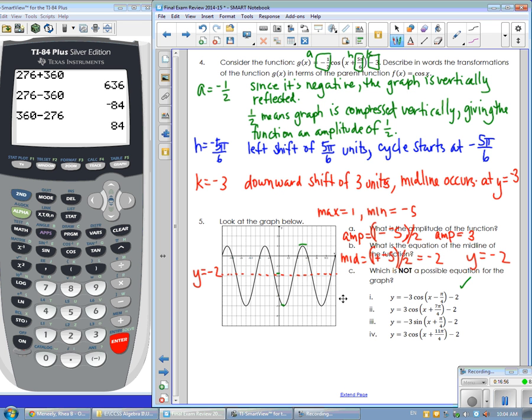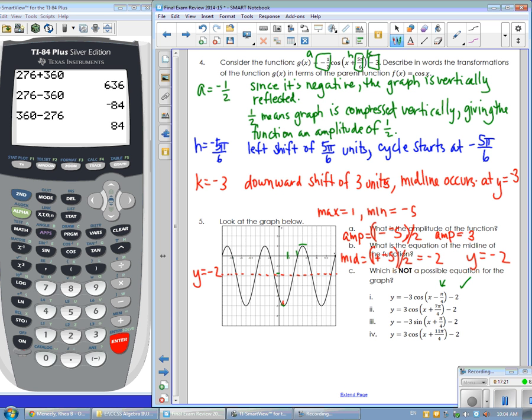So what I want to do in number 1, we're going to look at our h value first, because the h value tells us where the cycle starts. And remember, it's always opposite. So if you see x minus pi over 4, that's telling you that the cycle is starting at a positive pi over 4. And so with your graph, the increments are at pi over 2. So pi over 4 is actually going to be halfway between 0 and pi over 2.